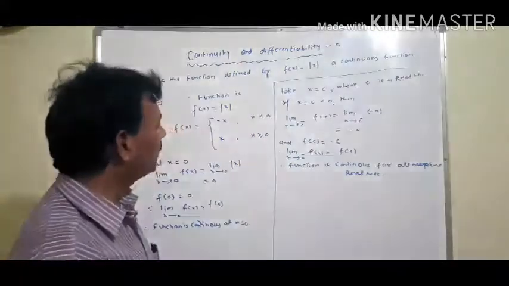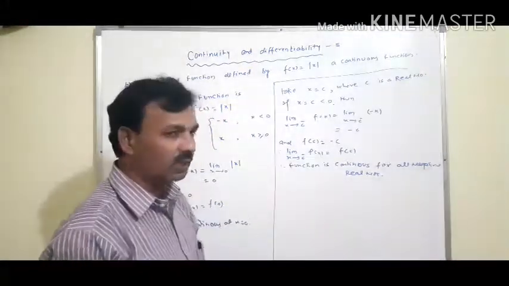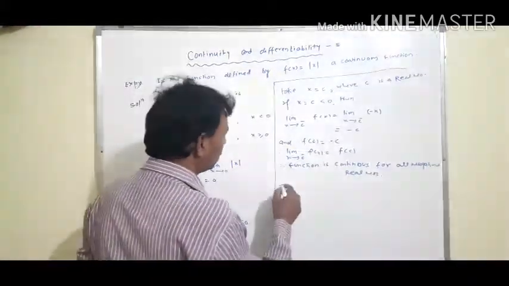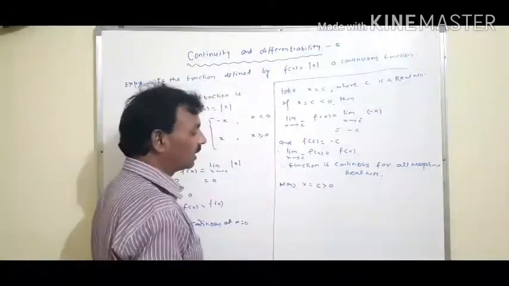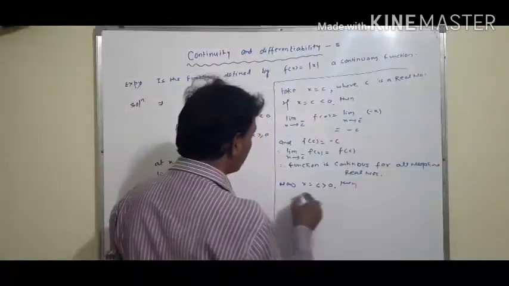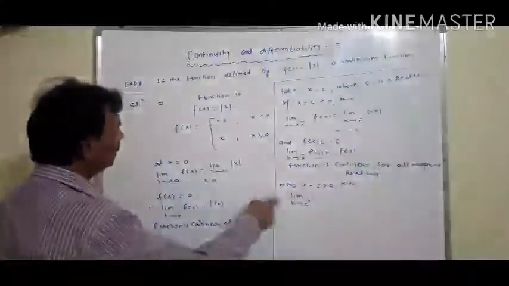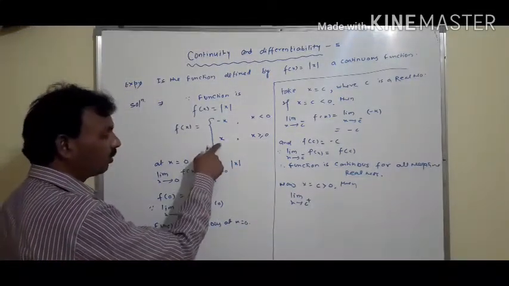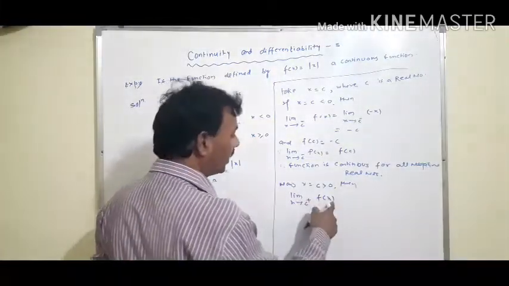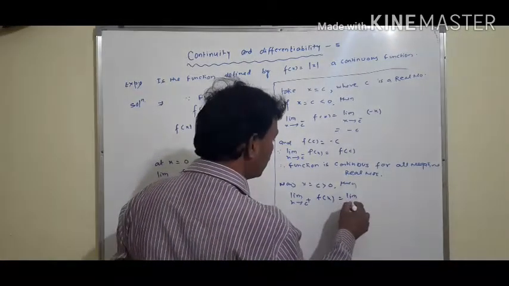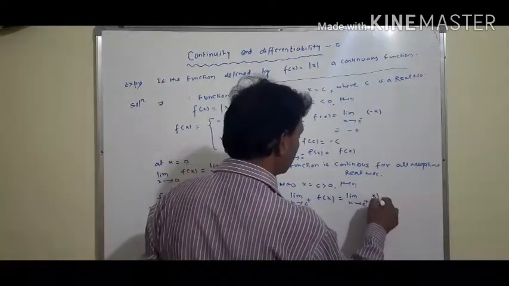Now we will check whether this function is continuous or discontinuous for all positive real numbers. Now x equal to c, when the value of c is greater than 0, then limit x tends to c positive. In this case f of x will be equal to x, then limit x tends to c positive of f of x equals limit x tends to c positive of x.